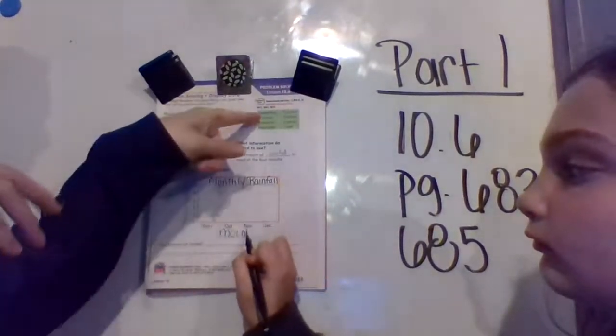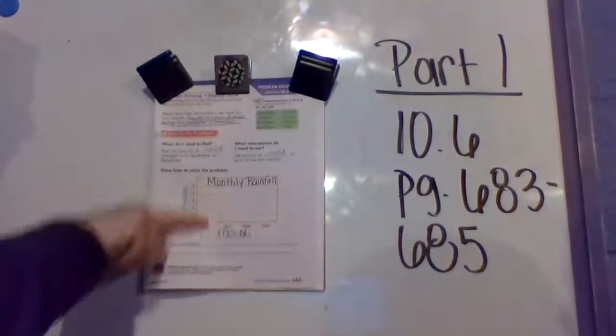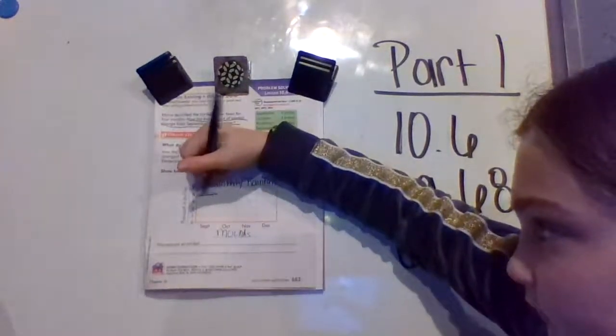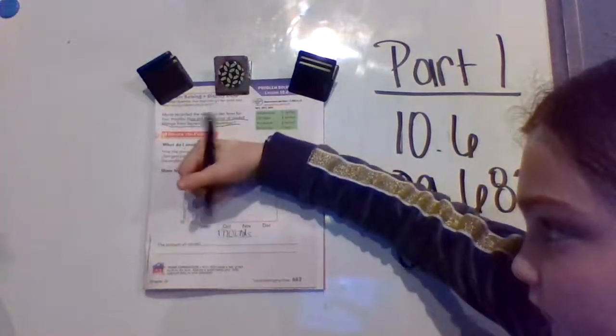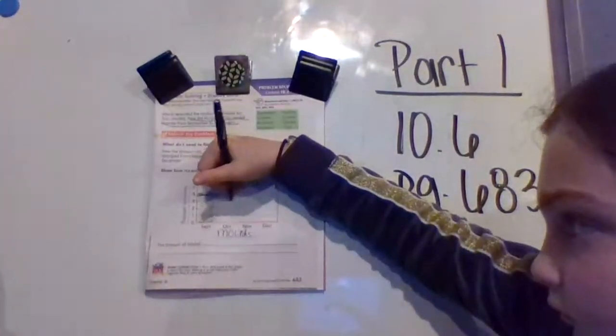So let's go up to the top. September had 4 inches. So we're going to draw a line at the 4-inch and shade down. October had 3, so we're going to draw a line at the 3-inch and shade down.